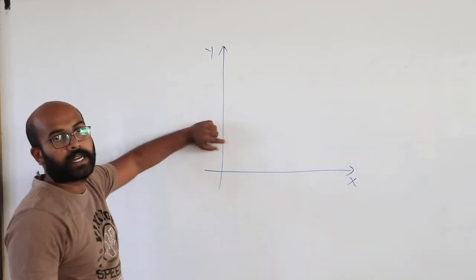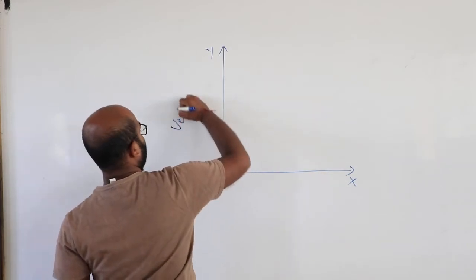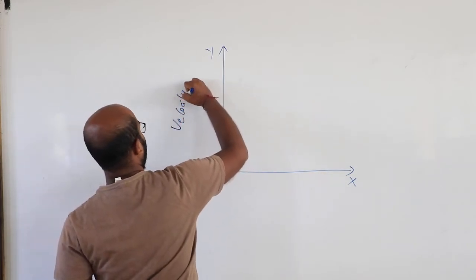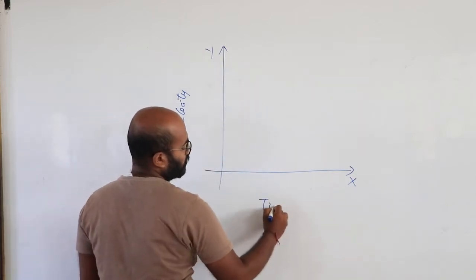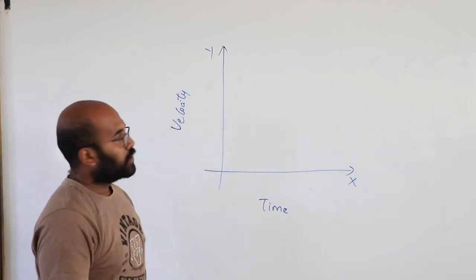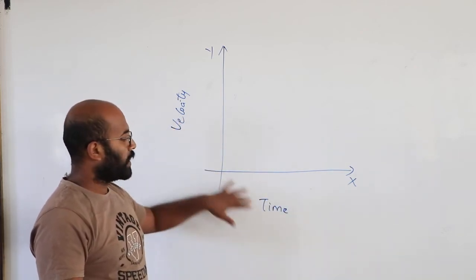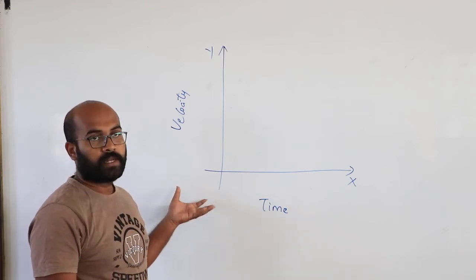So y-axis and x-axis. In the y-axis I will take velocity, and in the x-axis I will take time. If we know the velocity and time, we can calculate the displacement.